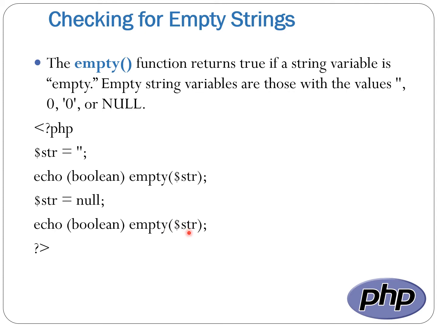Str currently has a null value, so this function also produces a true value, and echoing the boolean of this true value displays true here as well. So the empty function will return a true value if the string variable is empty or null. Otherwise, it will give a false value. So this is the output: true, or 1, will be produced for both cases.